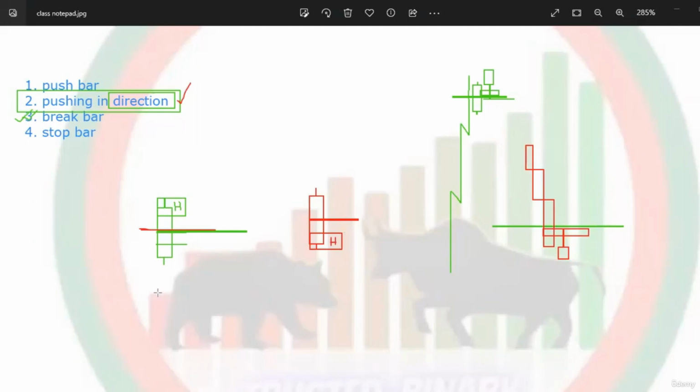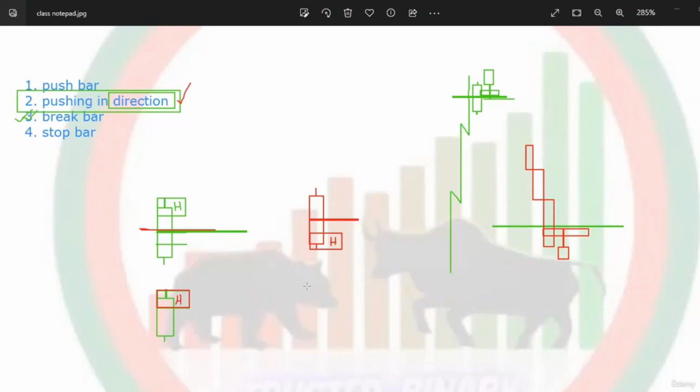But when we see this candlestick, from here to here, volume is high on the seller side. The power of control is high in the sellers' hands. So that is also a stop bar.